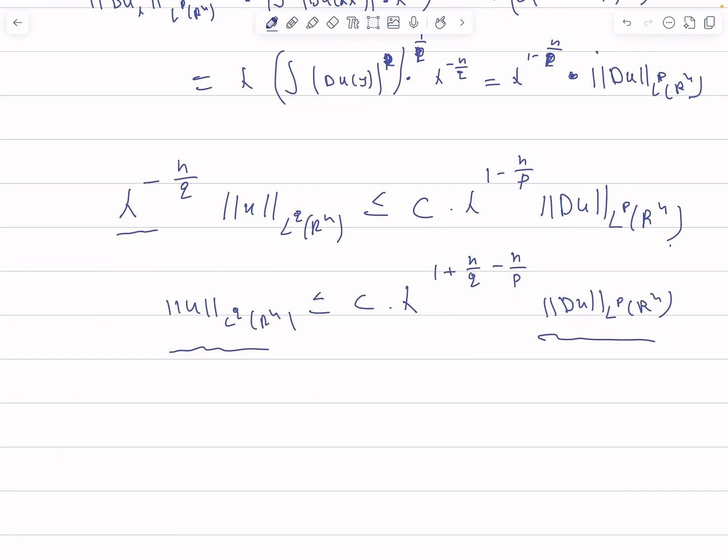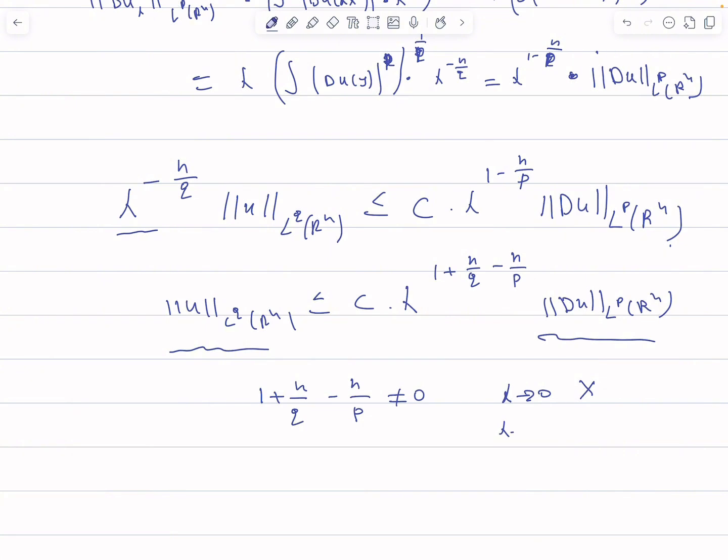So when 1 + n/q - n/p is not equal to 0, this inequality becomes incorrect, because we have to choose lambda. For example, when we take lambda to 0, it becomes incorrect, because the norm of u would be less than 0.